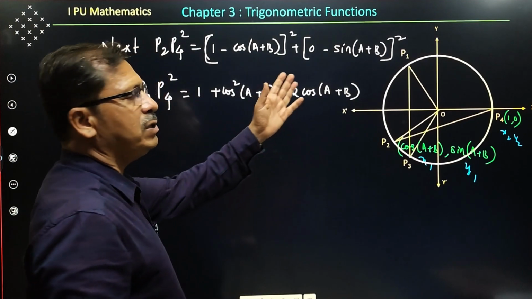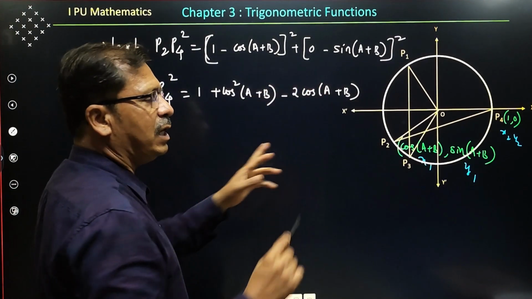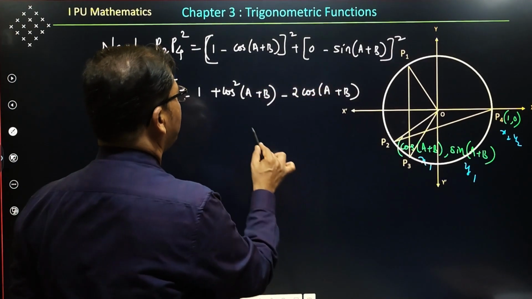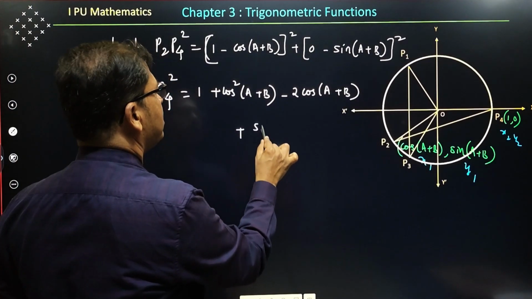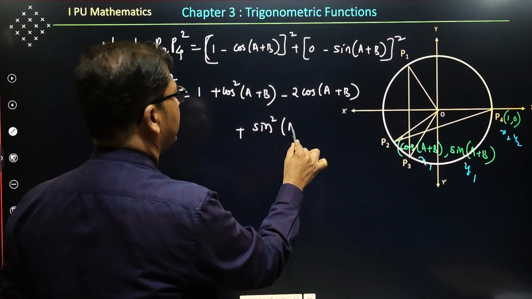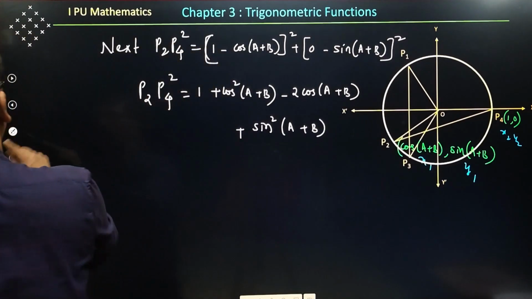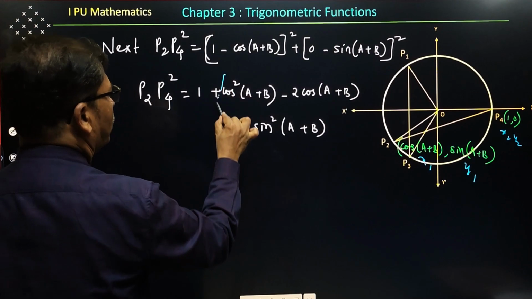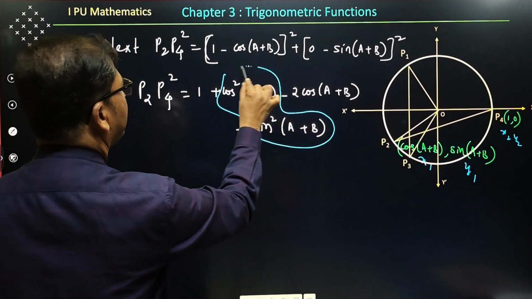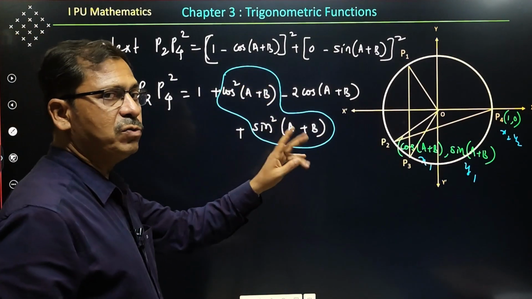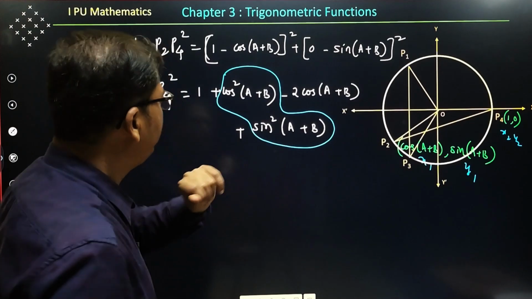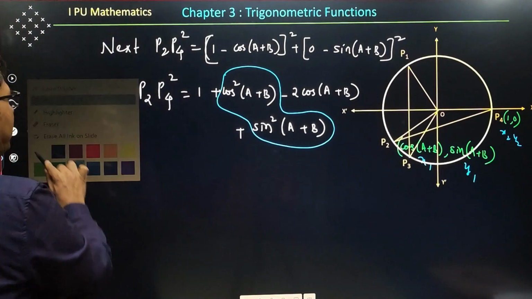Next, expansion of the second term, minus sign cancels because square is there, plus sin square of a plus b. Please concentrate here. You can club these two. Cos square of a plus b plus sin square of a plus b value is how much? 1. Already 1 is there. That one you write here.